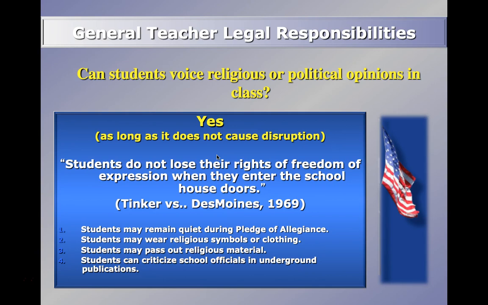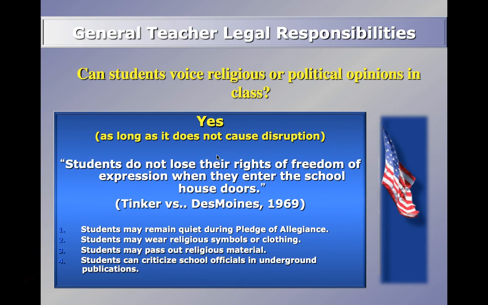So students have the right to be quiet during the Pledge of Allegiance. They can wear religious symbols or clothing. They can pass out religious materials. They can criticize school officials and publish underground newspapers, as long as it does not cause a disruption.